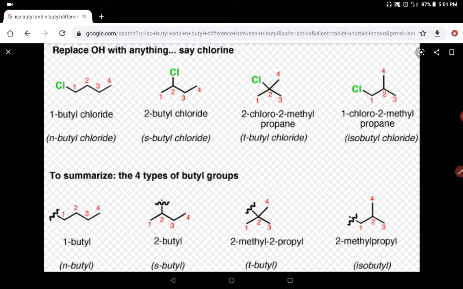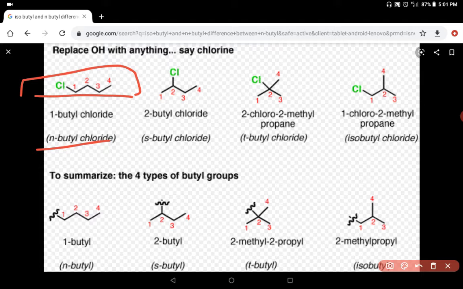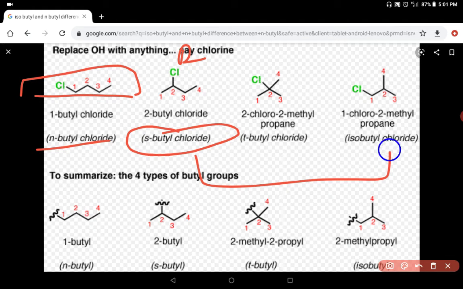We can actually make a difference here. Yes, we consider n when it is a straight chain, with a halogen or anything attached to the straight chain. But we call it sec when the halogen or any other R group is attached to the second or third carbon. It means if we number from here and it comes to the second place, then it is called sec. But what is the difference between sec and iso?